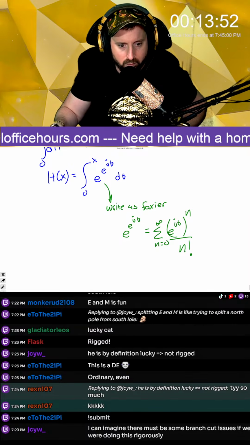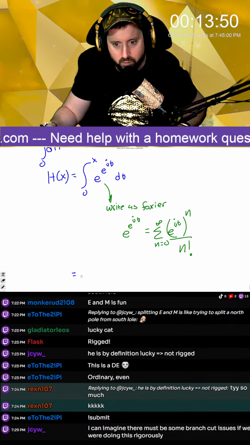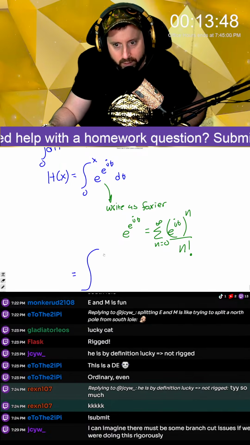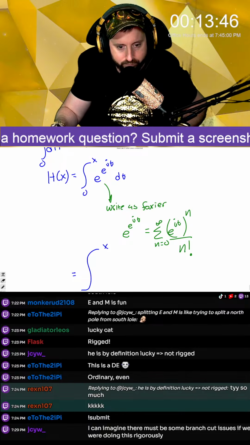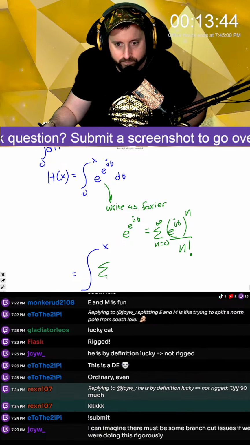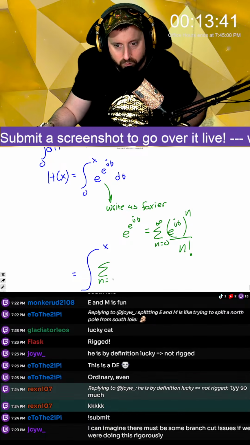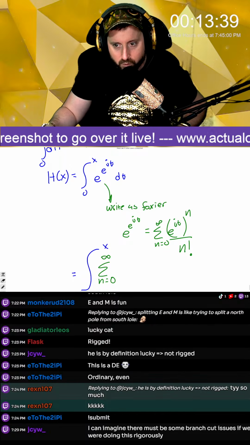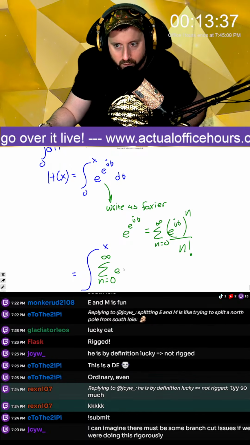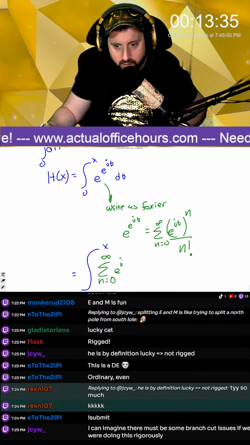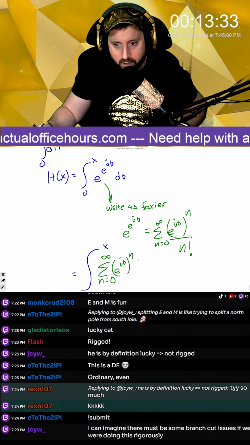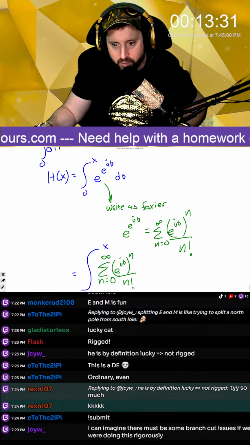So this is equal to the integral from 0 to x of the sum from n equals 0 to infinity of (it) to the n over n factorial dt.